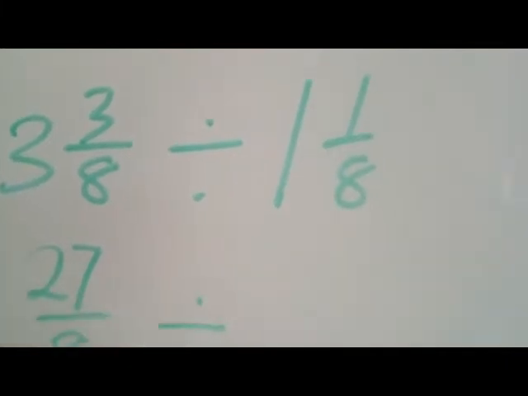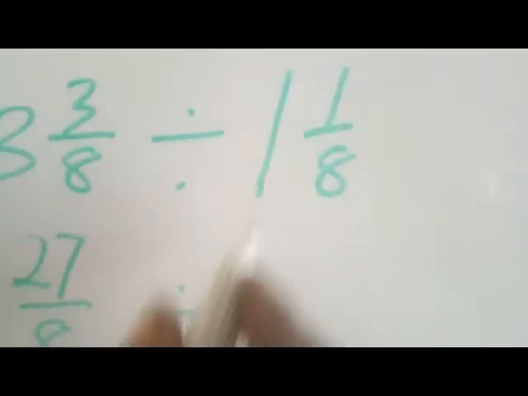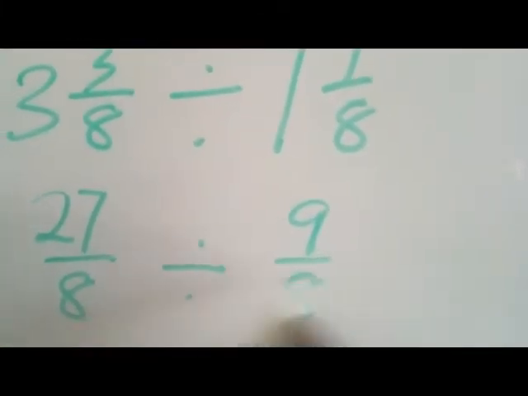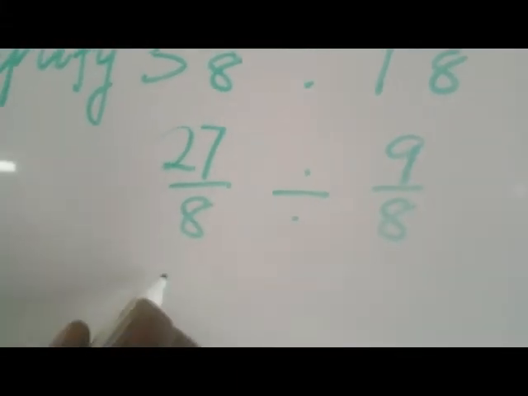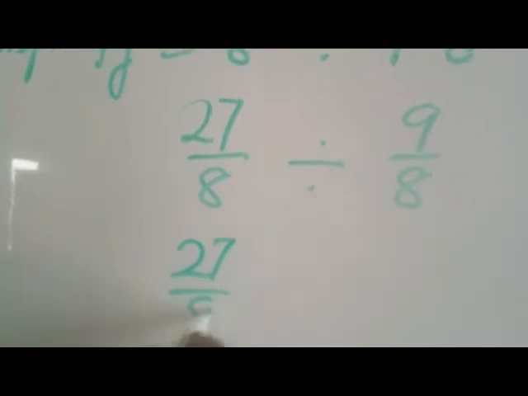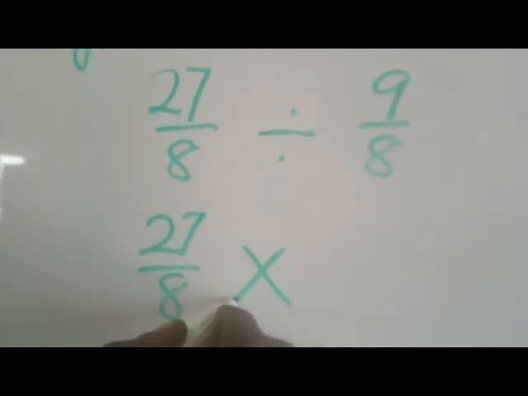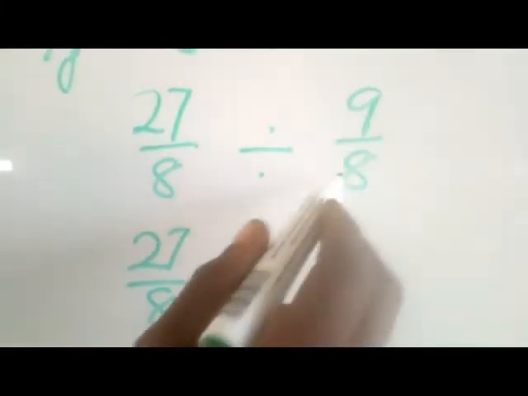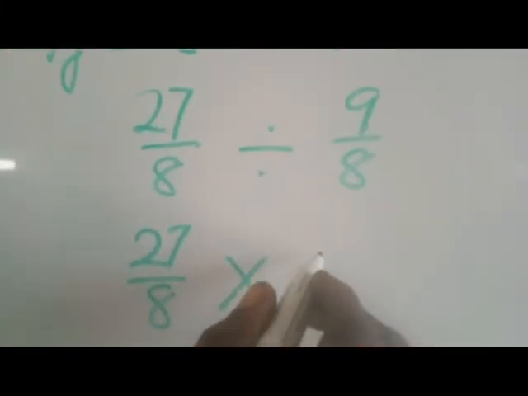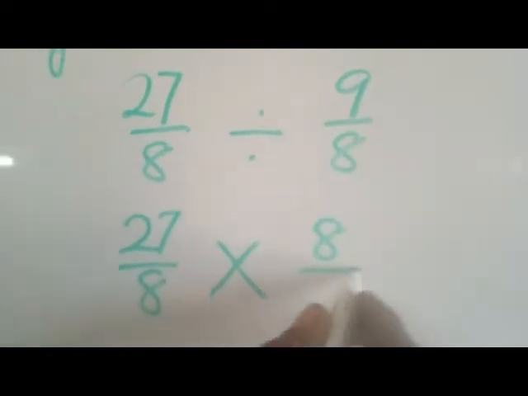Divided by 8 times 1 is 8, plus 1, we have 9 over 8. So now the next step is for us to change the sign, which is 27 over 8. Remember, when we change the sign from division to multiplication, the denominator will become the numerator. So we have 8 over 9.